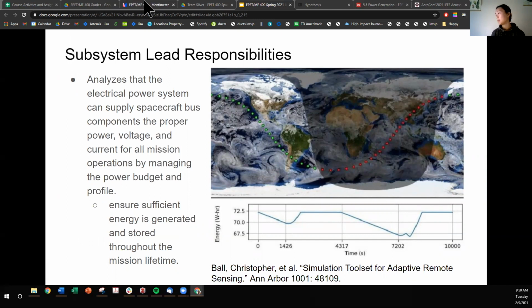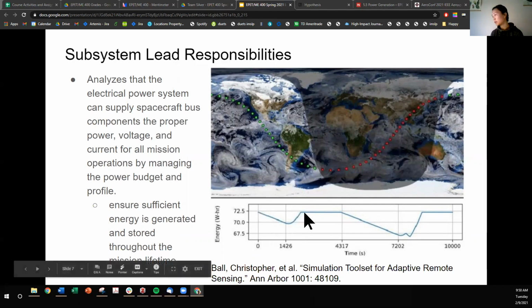Here is an image of some satellite ground track where green is when the satellite is being lit by the sun, and then the red is when the satellite is in eclipse. And you can see this energy storage, the difference over time as the satellite passes into eclipse and then transitions out.